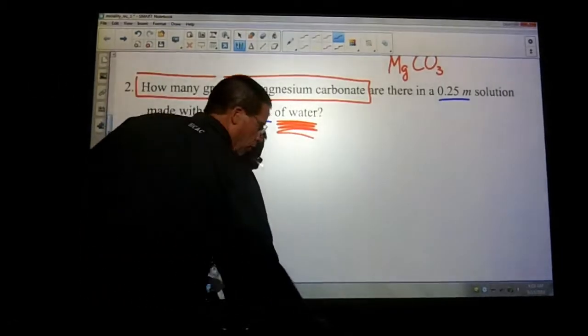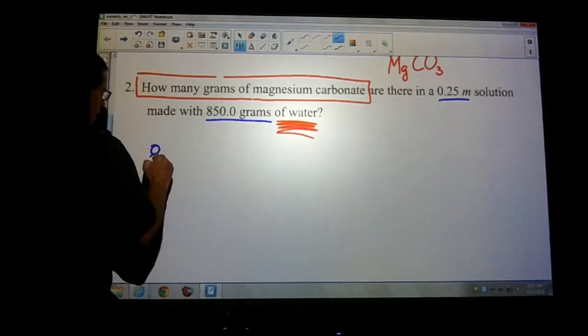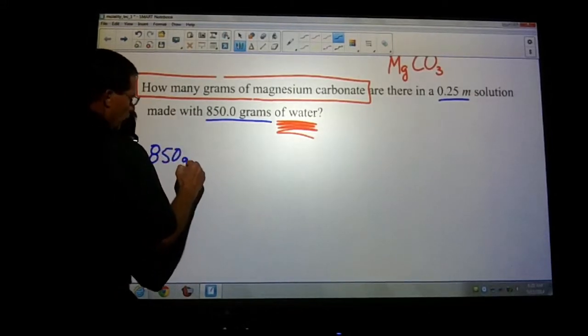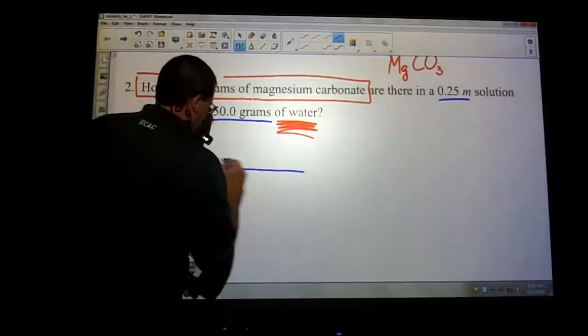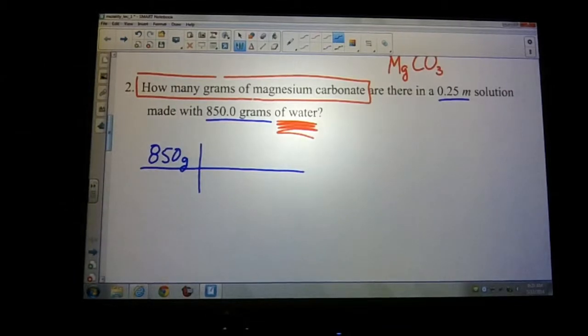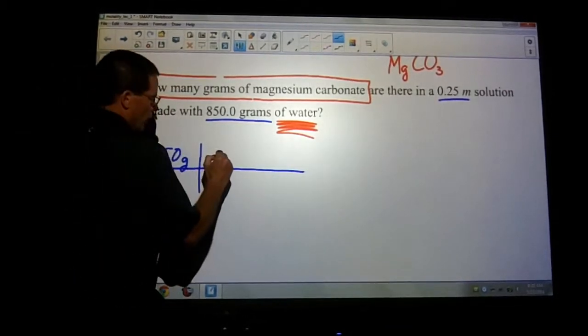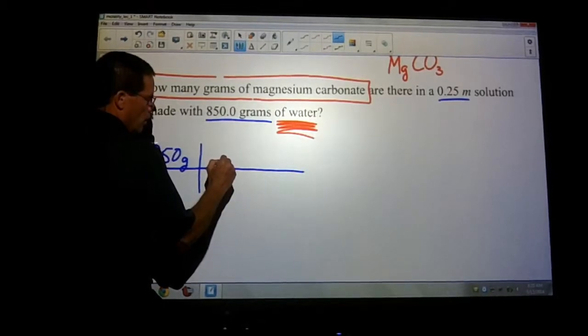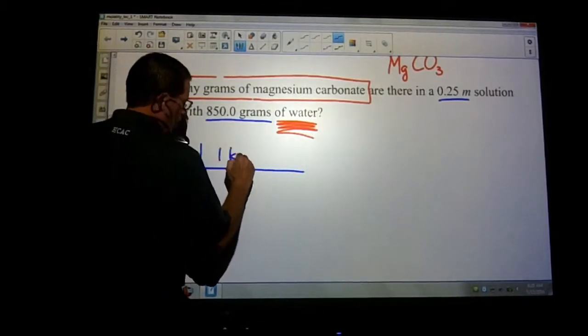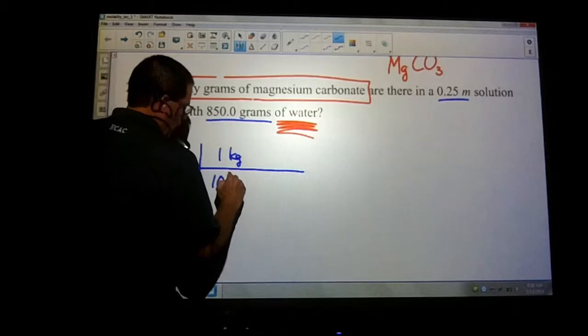So we can start off with our 850 grams. And again, this is of water. So it's just like if you have your volume of water and you know your molarity, it's going to cancel out anyway. So we need to convert this into what? Kilograms. Good. So 1 kilogram is equal to 1,000 grams.